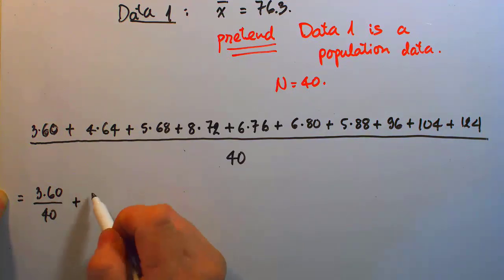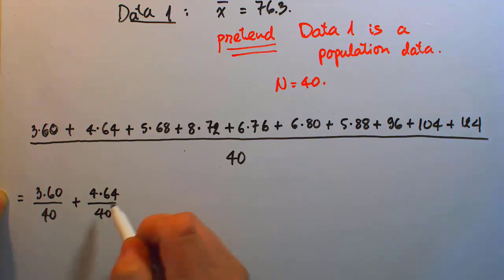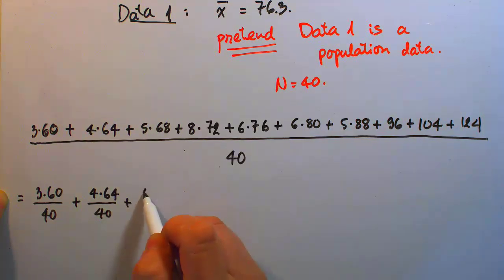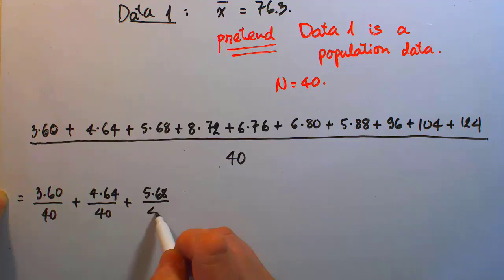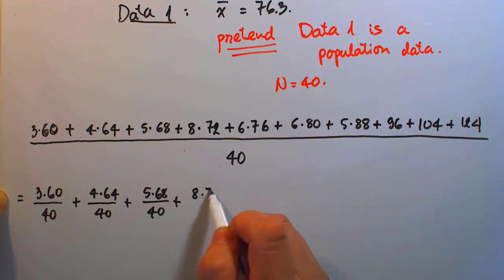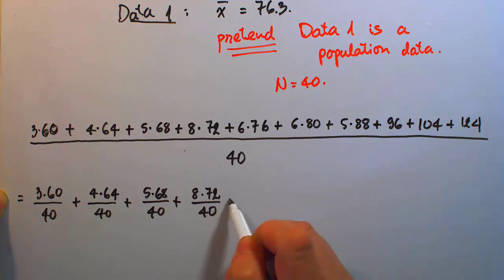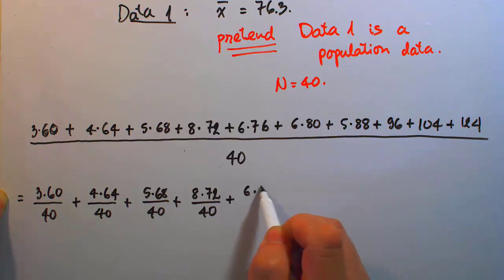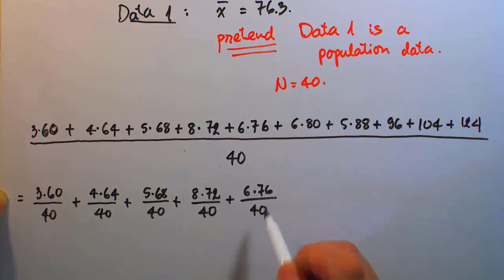I'm going to add 4 times 64 over 40, and add another term. The third term on my list is 5 times 68 over 40, the next one is 8 times 72 over 40, and then 6 times 76 over 40.